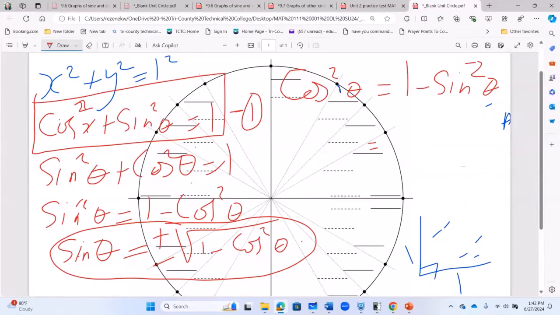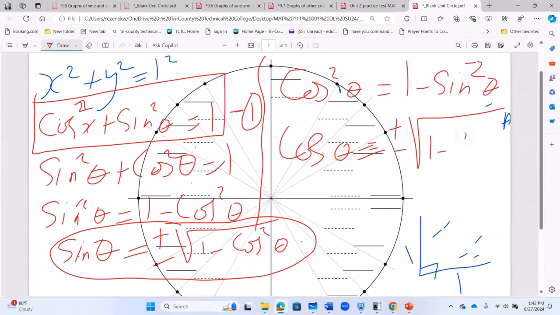Knowing how to rewrite them and solving for cosine will help you solve some problems. Suppose a question asks me to find only cosine theta. Then that is equal to plus or minus square root of 1 minus sine squared theta.